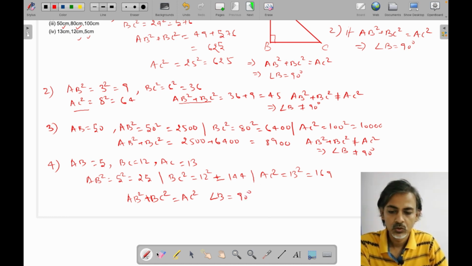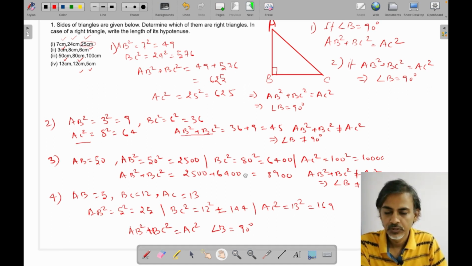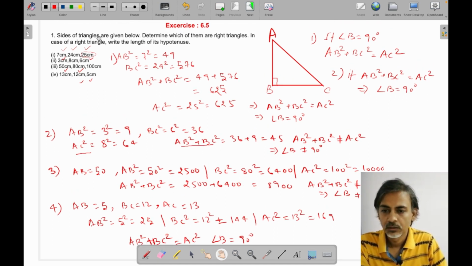Alright, so in this way we can say that first and fourth are right angle triangles, and we had to find length of hypotenuse in each of the cases. So we can say that length of hypotenuse in this case A, AC is hypotenuse, and that's 25.